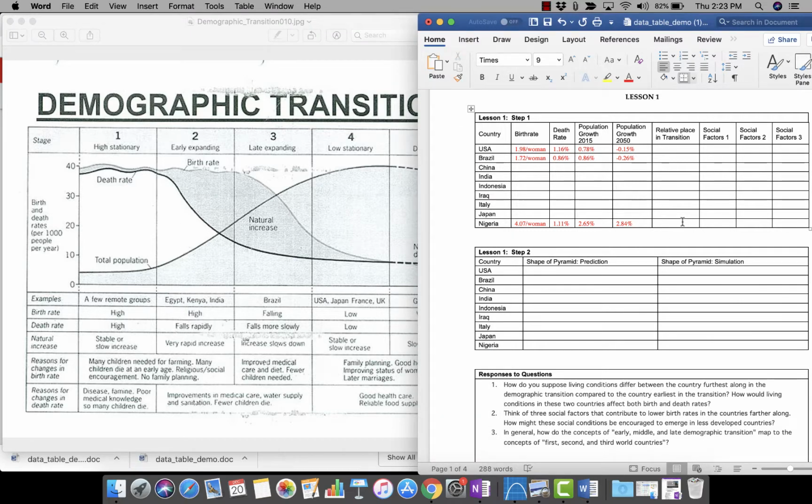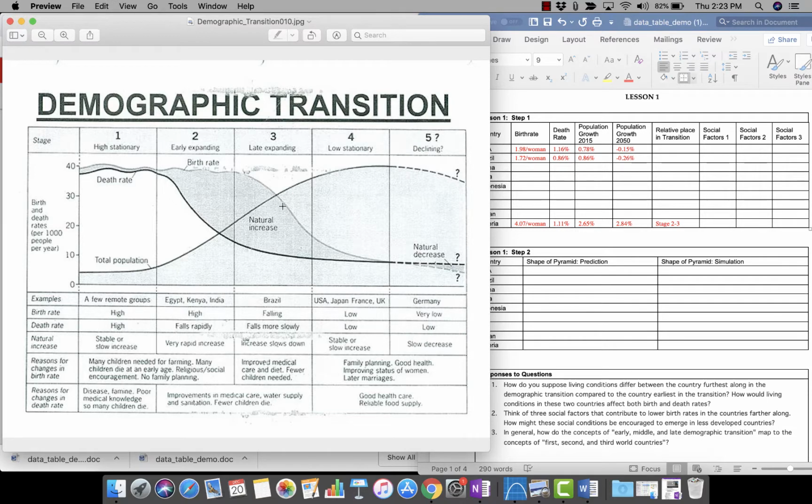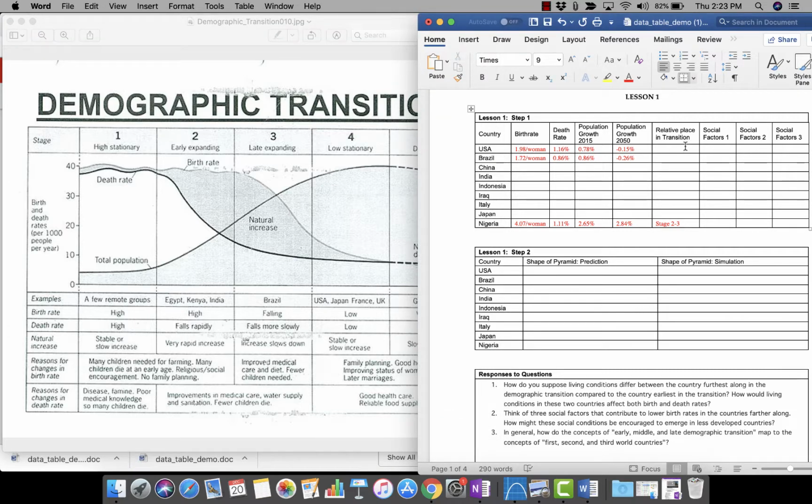Okay, so Nigeria is probably somewhere like stage 2 to 3 because their growth rate is increasing. Okay, and then if we look at the United States, the population growth is decreasing, right? So they're declining, so it's going to be somewhere closer to 5.